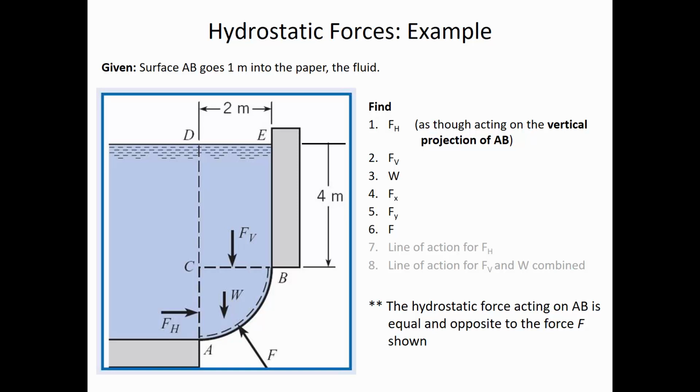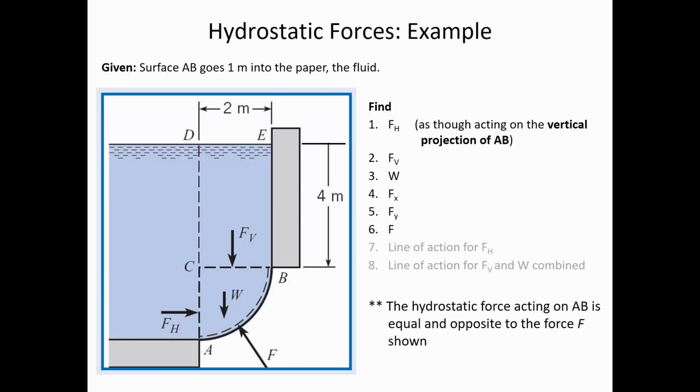In other words, if you had that element of water, that rectangle B, C, D, E, and you tried to balance it, the balance point would be in the middle, side to side. So for B, C, D, E, F sub V is just in the middle.